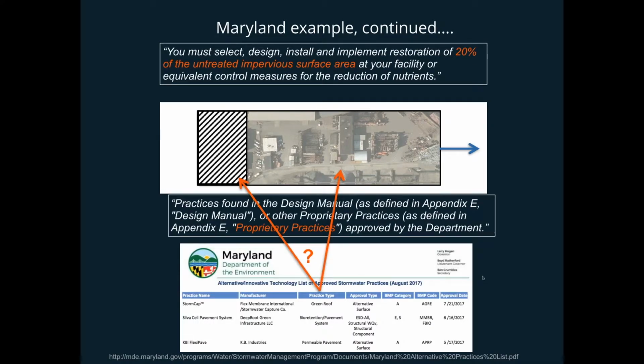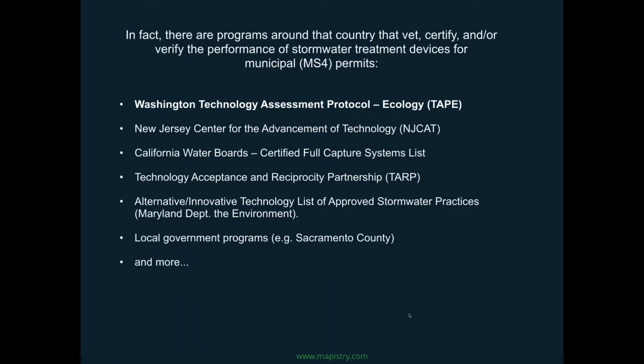So if we go to these proprietary practices, and as Ryan mentioned, there's a lot of proprietary systems out there, or there's non-proprietary systems that you can build yourself. This is a list of some of these programs throughout the country, and I'm not going to go over each of these, but these are meant for municipal development and redevelopment permits, and also things like TMDLs.